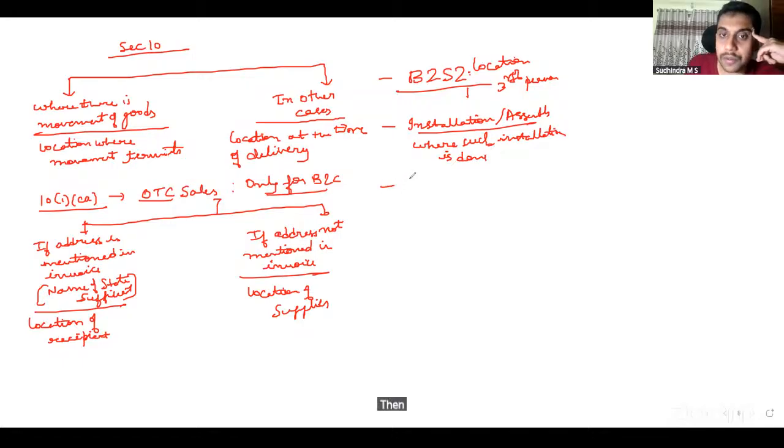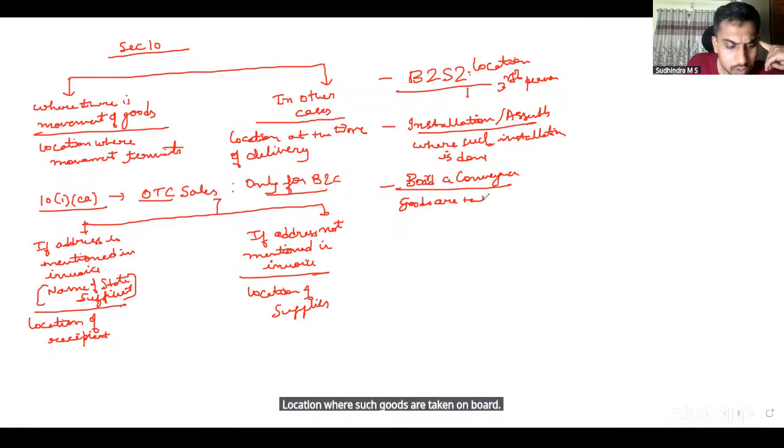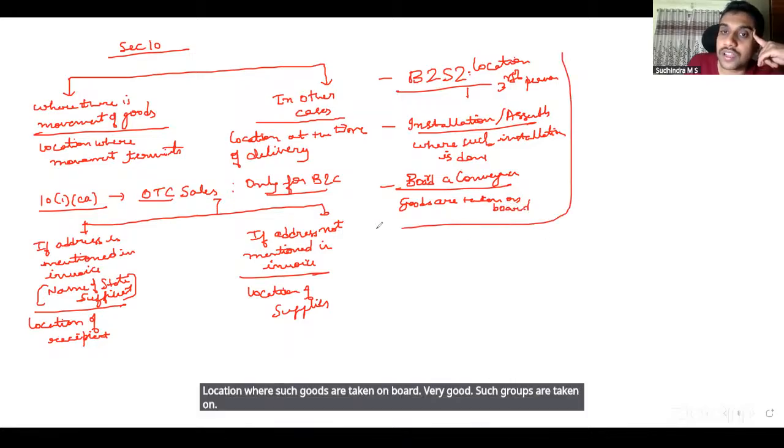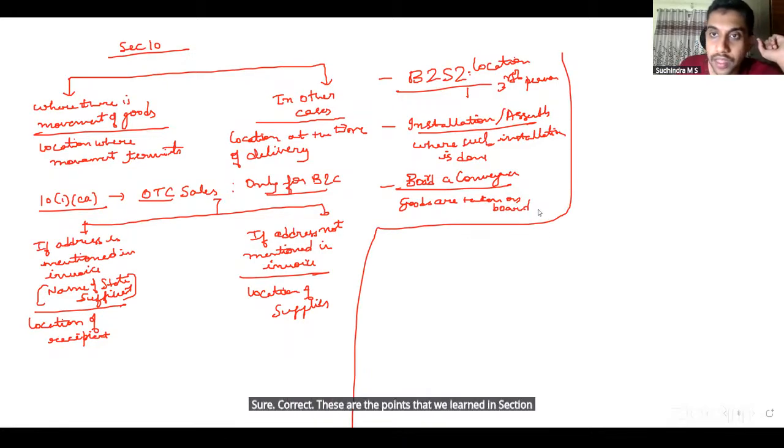Then supply of goods on board a conveyance: the location where such goods are taken on board. These are the points that we learned in section 10, goods.